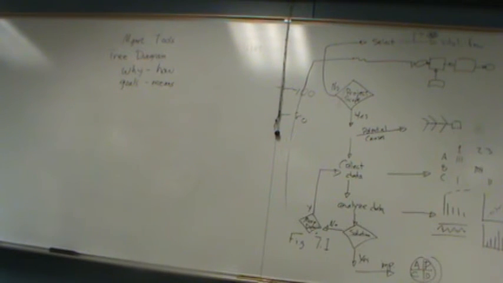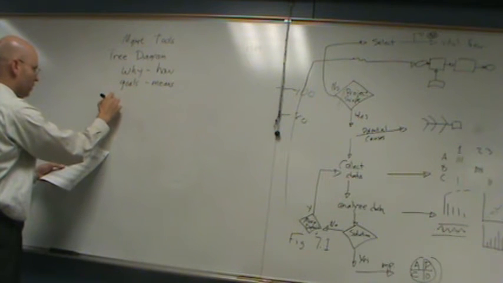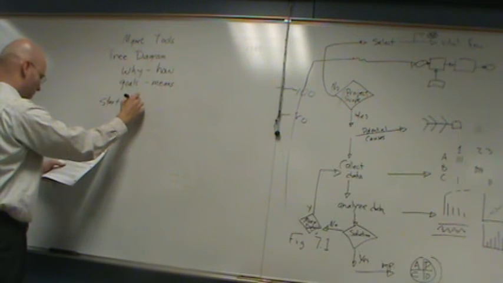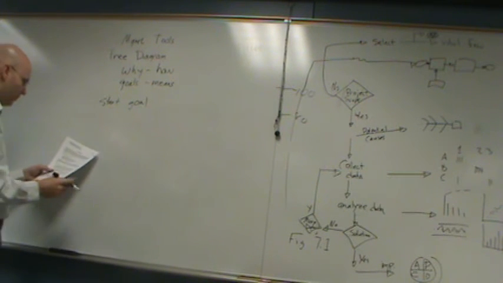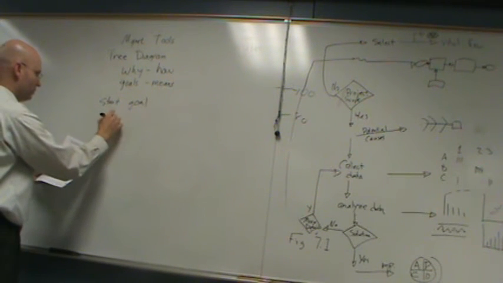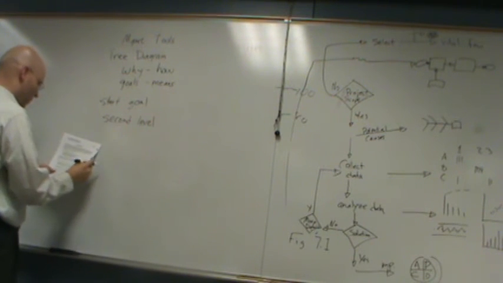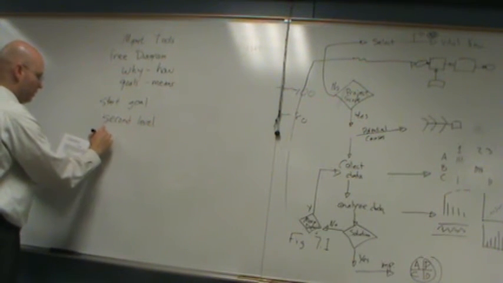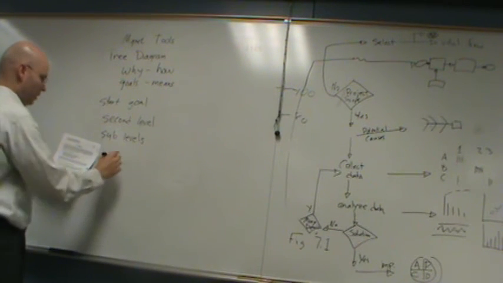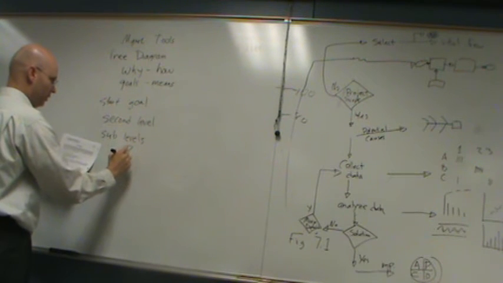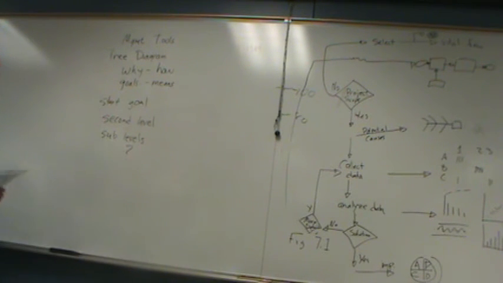So the way to do this is you start with a goal or basic function, and you're going to have a second level. And I'm going to call them sub-levels. And the question mark meaning we're going to ask these questions each time.